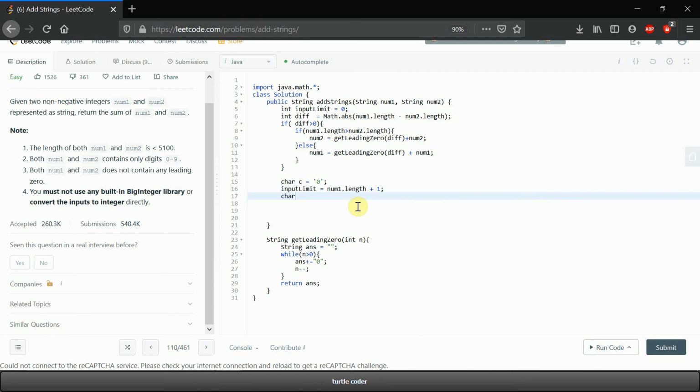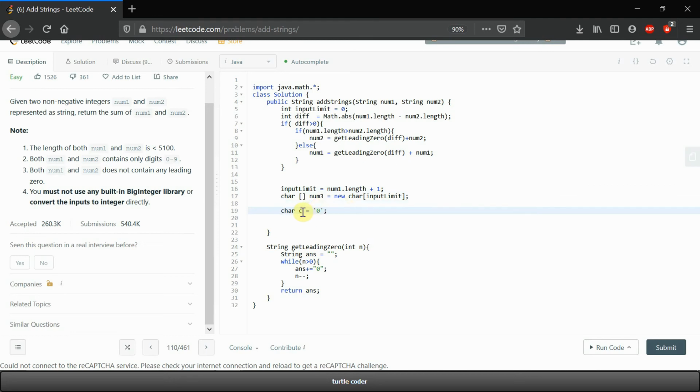So that should be my answer string, or num3 should be equal to new, and it is an array, new char of this limit. So this has to be my answer. Now what else? I have initialized my carry, which is equal to 0.